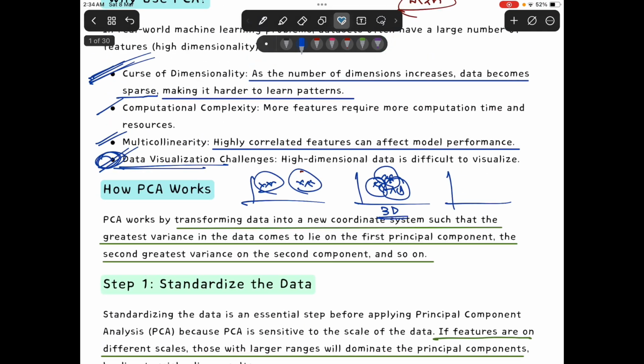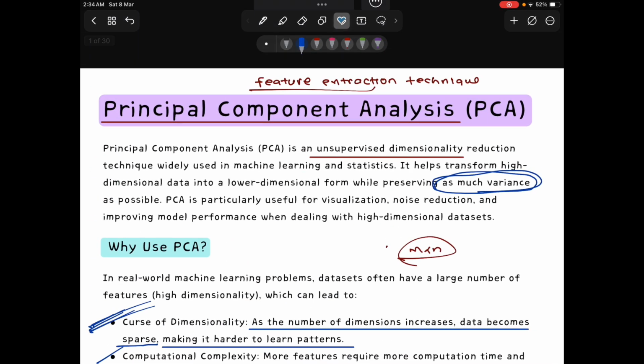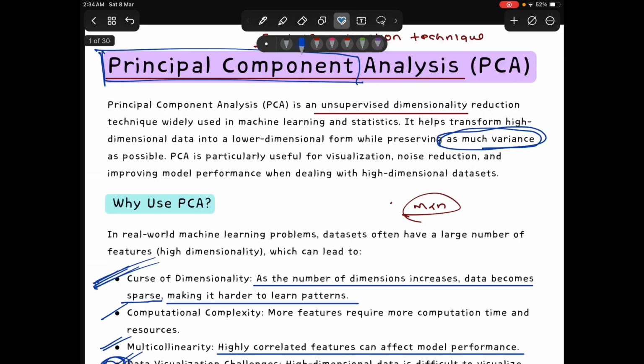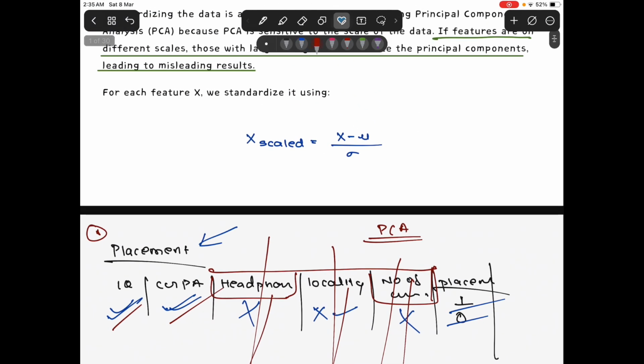So there is an important term, principal component. Let me first give you a visual intuition of what this algorithm does. Let's take a graph and plot data points.